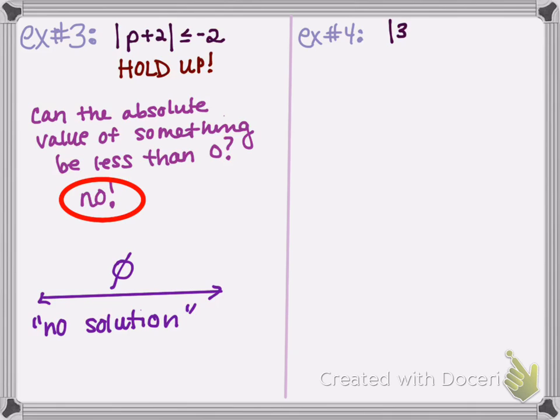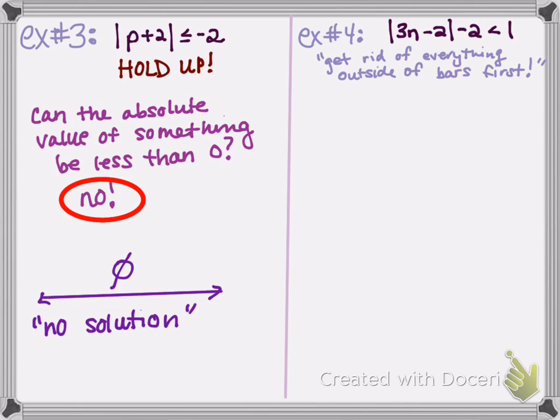All right, our last example is a little bit more complex because we do have a little something extra. And you can only split up into your two absolute value inequalities if the absolute value bars are by themselves. So we first need to get rid of everything outside of the absolute value bars.